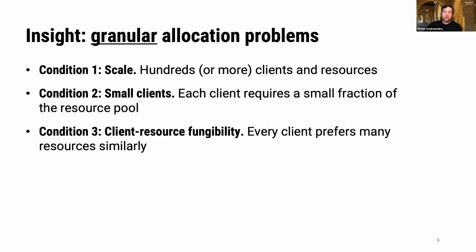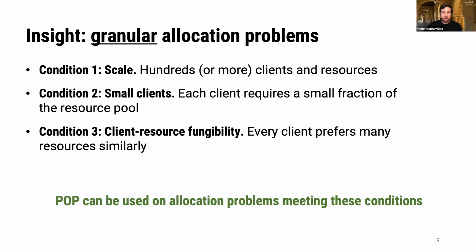This often goes hand in hand with scale, and each client can use only a small fraction of the available resources. The third condition is fungibility. For every client, there are many resource instances on which they get similar utility. For example, a GPU cluster will have many identical GPUs, and a client doesn't prefer one over another. Our technique, POP, exploits these conditions to quickly compute good allocations.